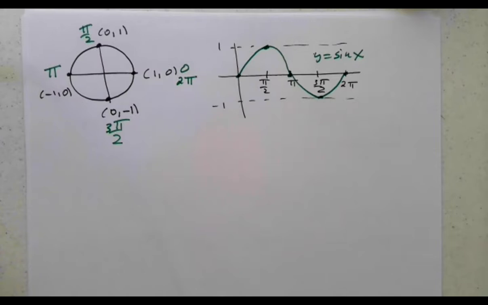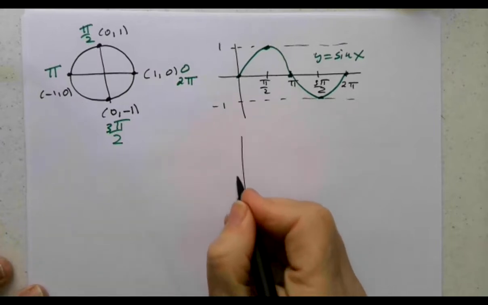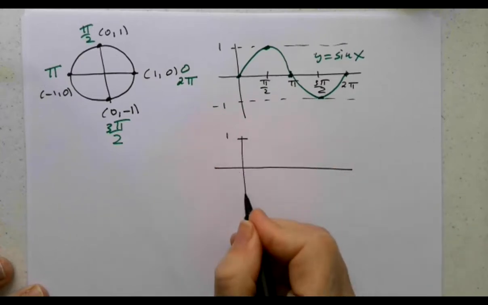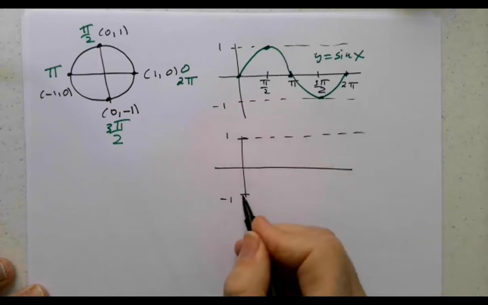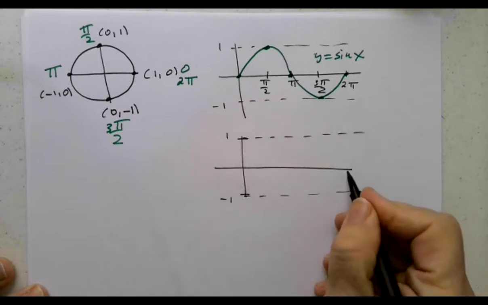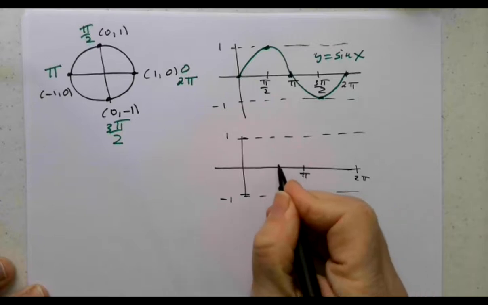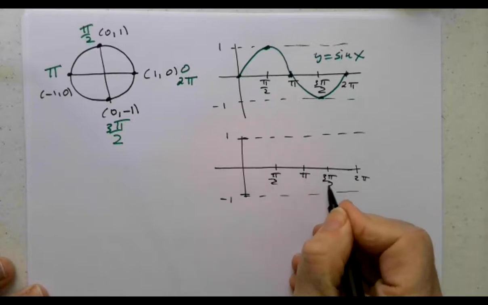The x values are going to give us the cosine function. So we do the same thing. 1 to -1 are the range of values that we have. 0 to 2 pi, halfway is pi, 1/4 of the way is pi over 2, 3/4 of the way, 3 pi over 2.